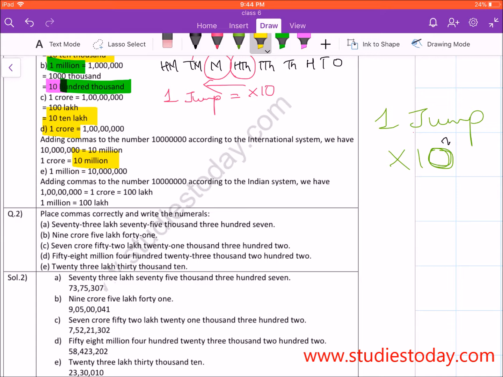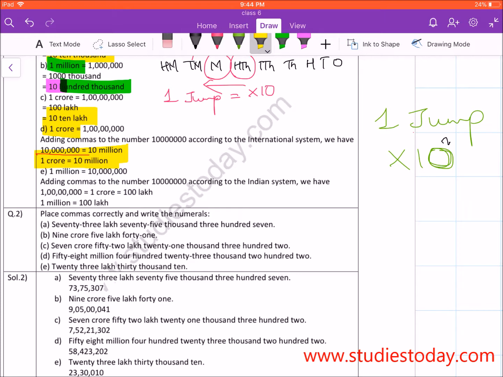If I compare the systems, I have 1, 2, 3, 4, 5, 6, 7, 7 zeros here, and here I have 1, 2, 3, 4, 5, 6, 7, 7 zeros, which makes it 10 million. So, 1 crore equals to 10 million.